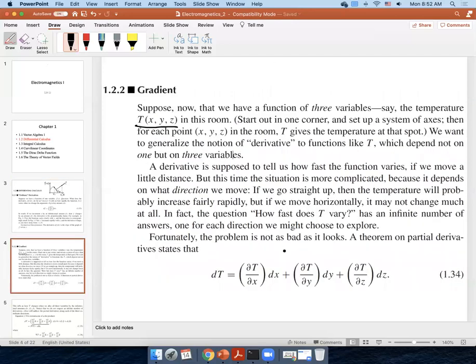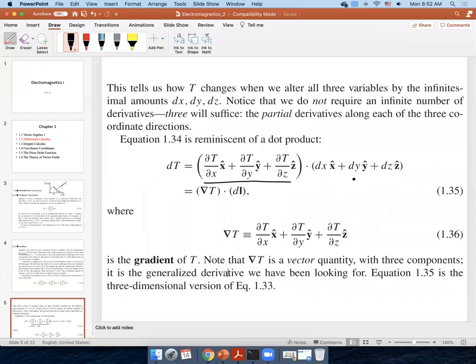The difference is that now you have more variables, of course, in three dimensions. And here, this equation could be written in another form. We can write it as a dot product of two vectors: partial T over partial x in the x direction, plus partial T partial y in the y direction, plus partial T partial z in the z direction, dot dx in the x direction, dy in the y direction, plus dz in the z direction.